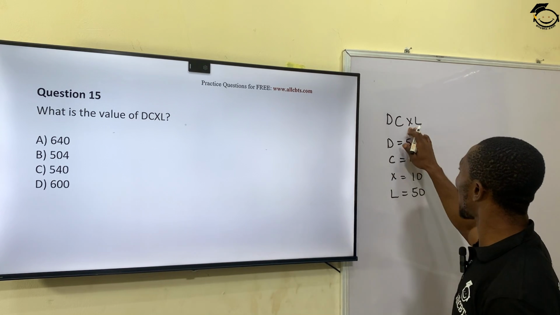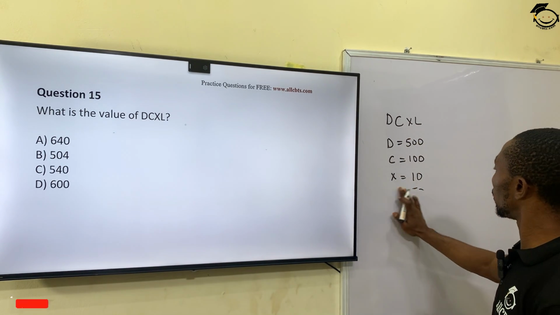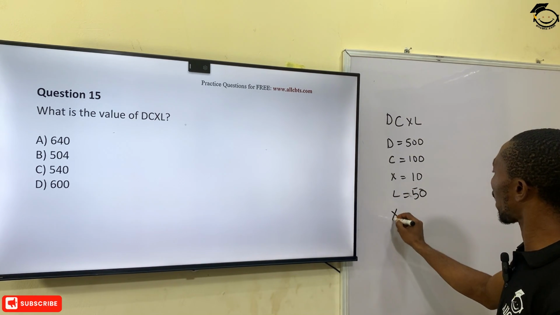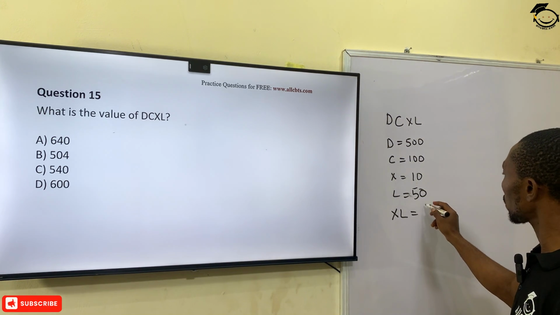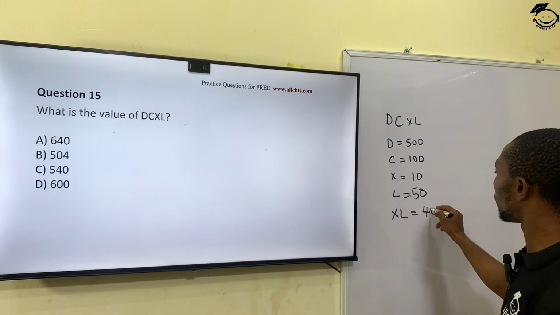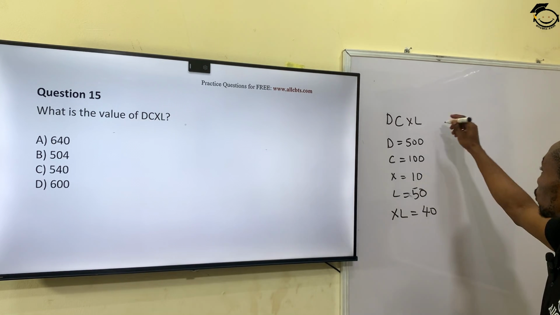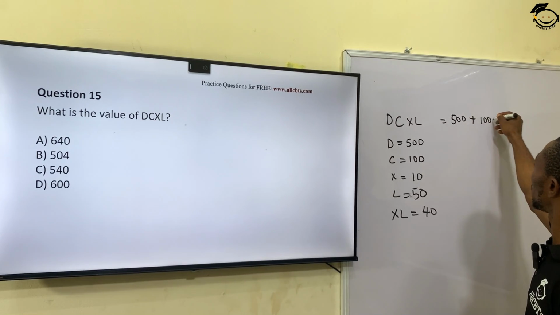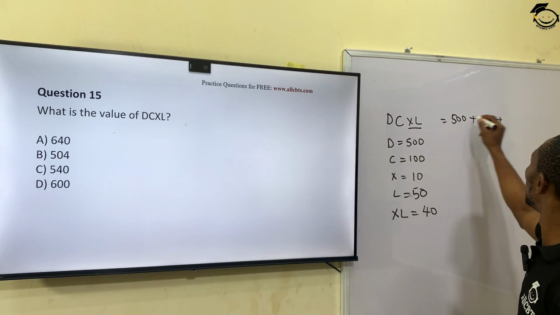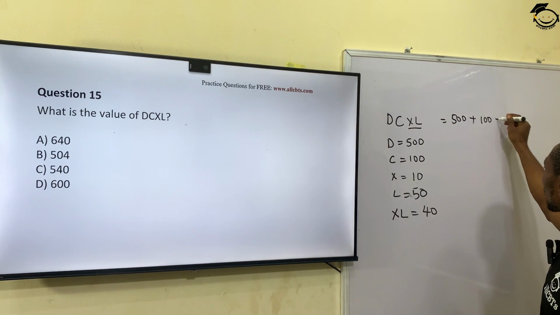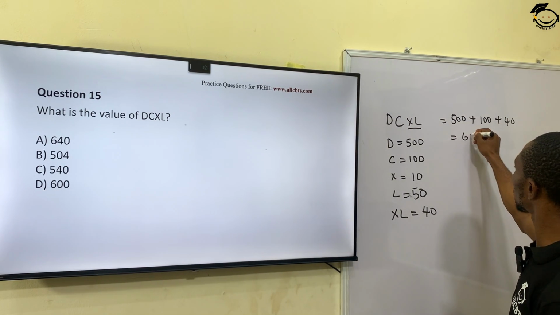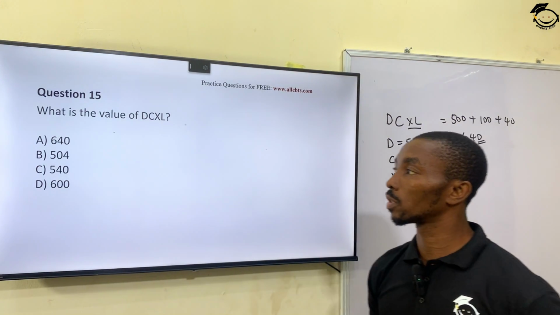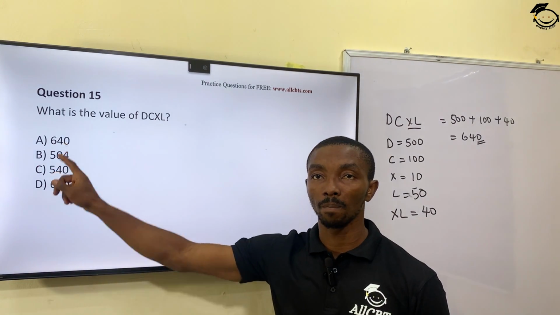But since X is before L, XL will be 50 minus 10, that will give us 40. So for this, you have 500 plus 100 plus 40, which will give us 640 as our answer. So DCXL equals 640, which is option A.